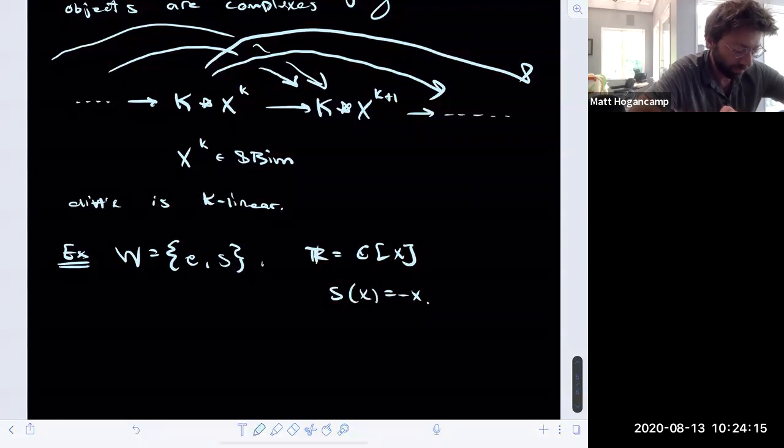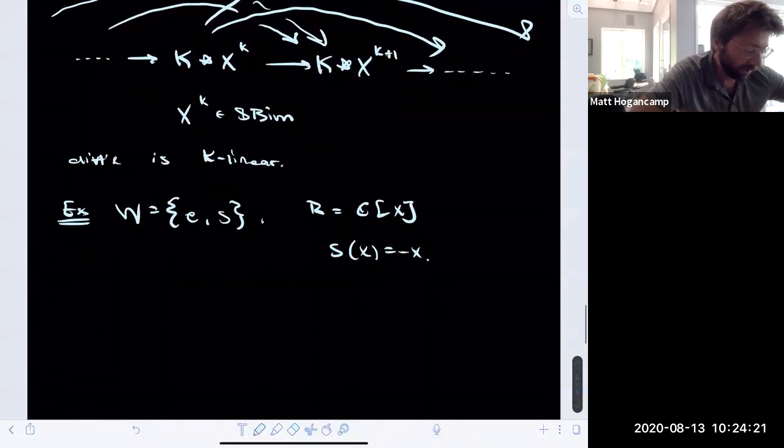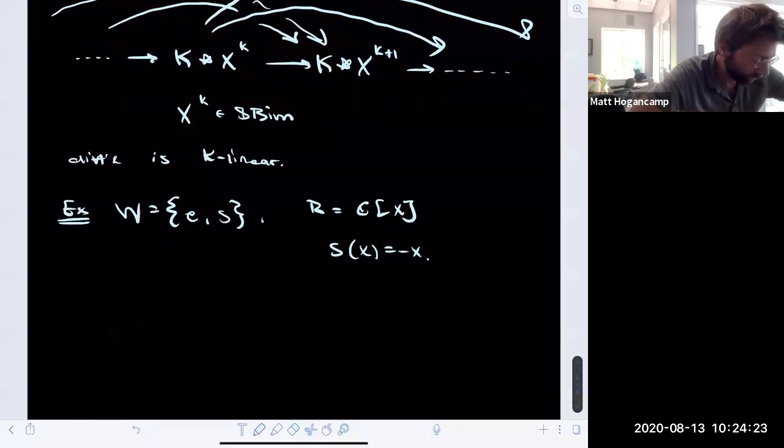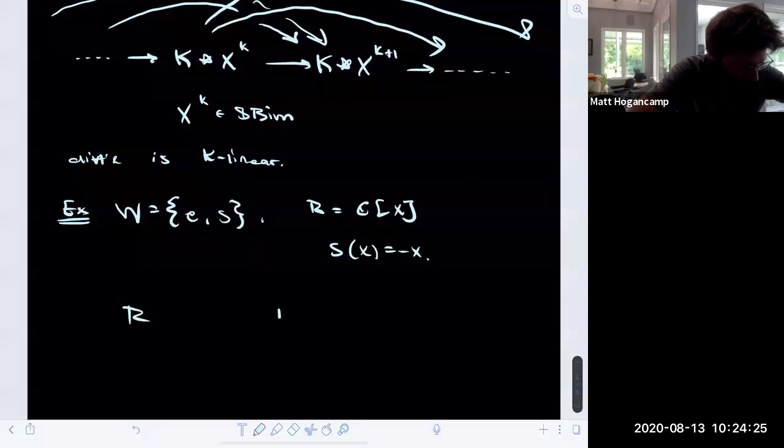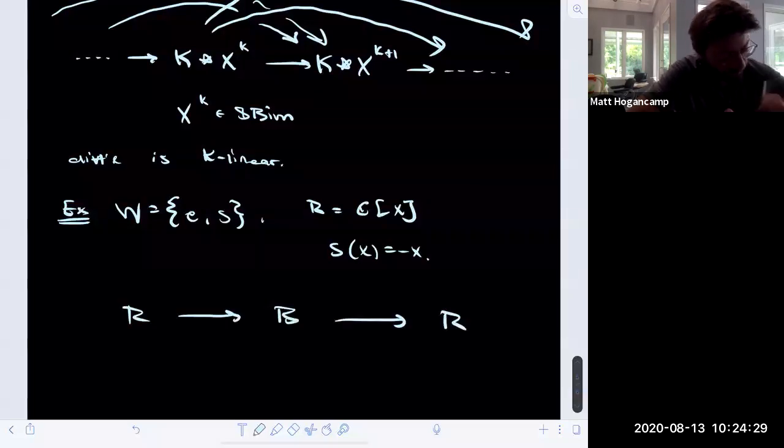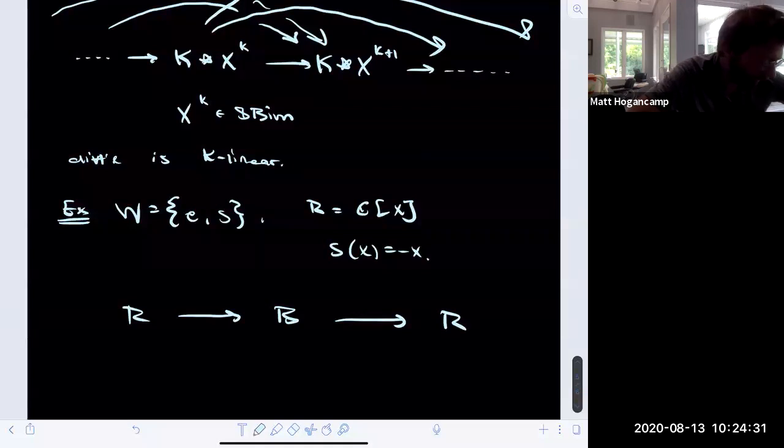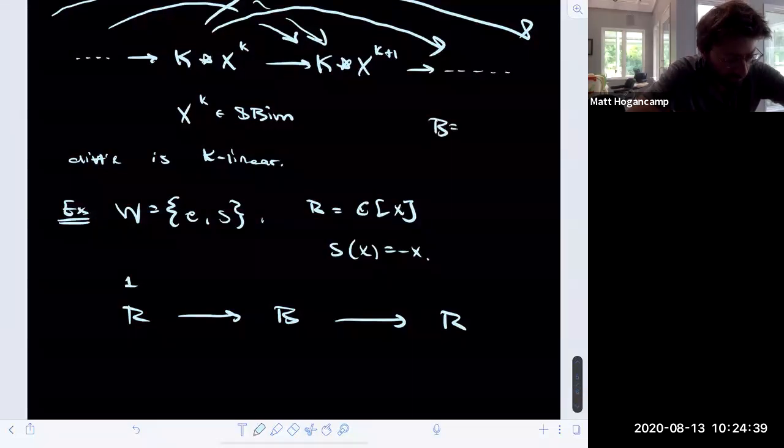Then we have a chain complex that looks like this: you have 3 bimodules, where B is the bimodule R tensor R over R^S.